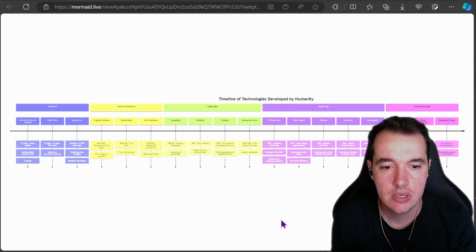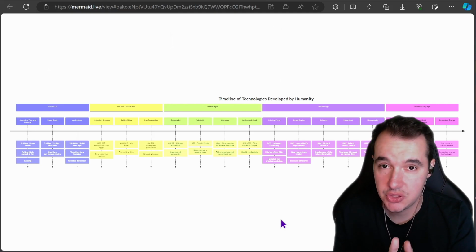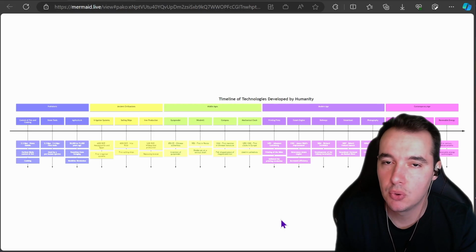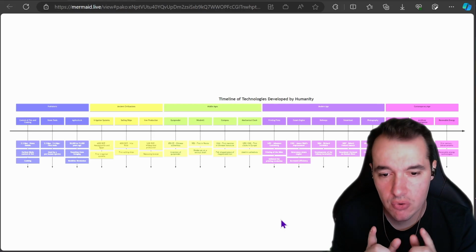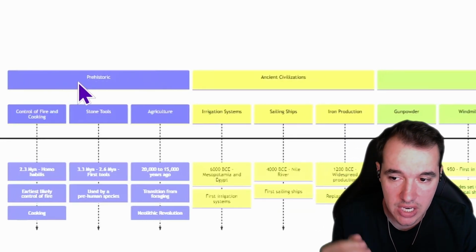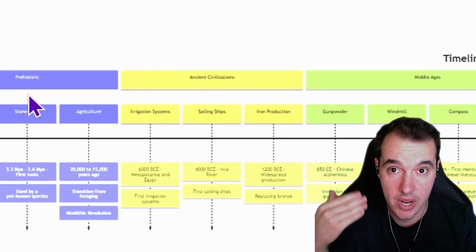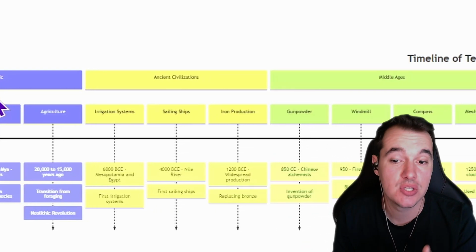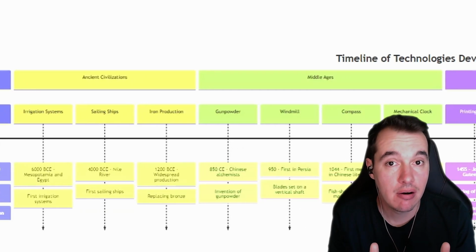And as you can see here, the timeline is just one of the multiple diagrams that you can create by code utilizing Mermaid. For the timeline, what you can do right here is have an upper layer representing a specific segment. What I'm representing in this image is a timeline of technologies developed by humanity up until artificial intelligence.